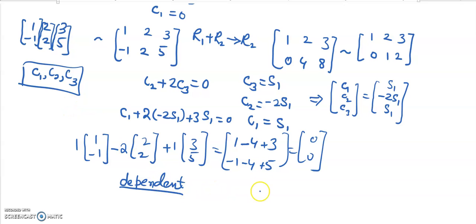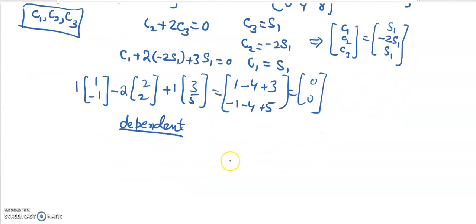So for example, if we have this vector 1 minus 1, and I multiply it by 1, and then instead of minus 2 I take 2 value, so it was 2, 2.